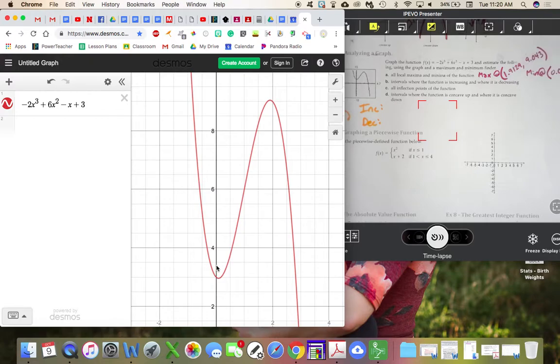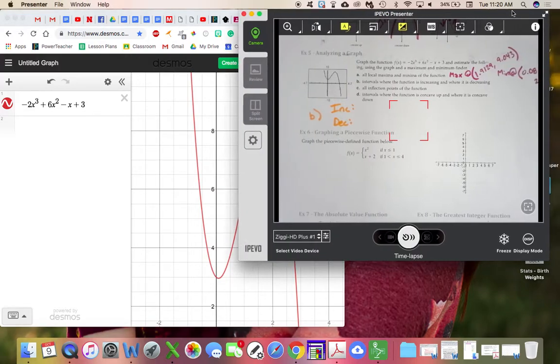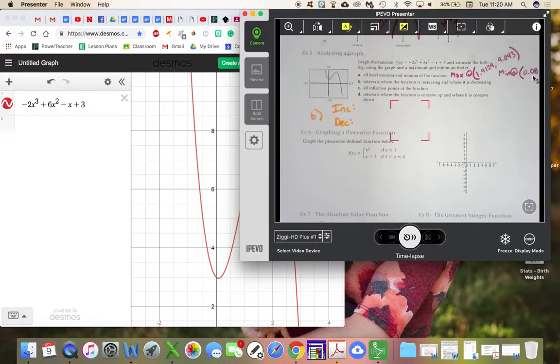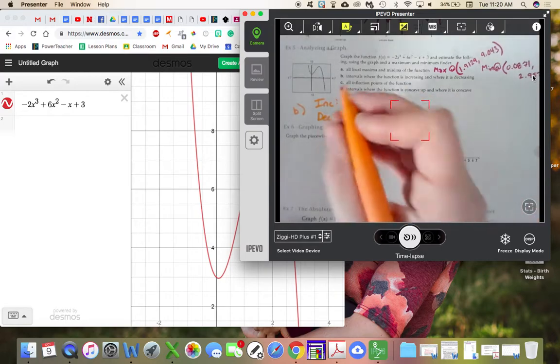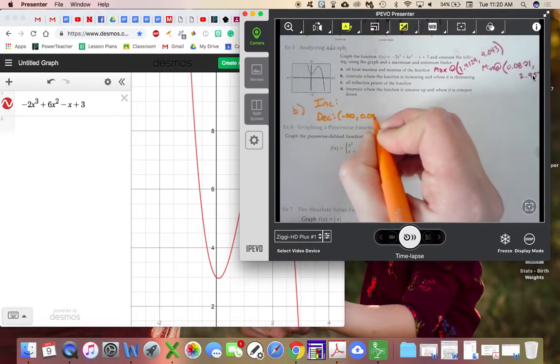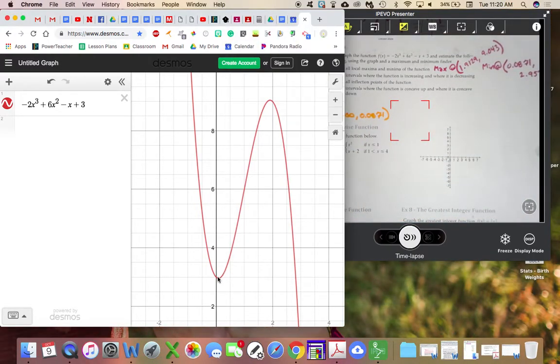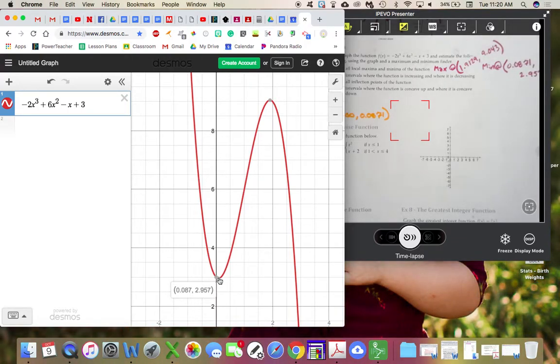He's decreasing until he gets to this x coordinate, which is also my minimum value, at 0.0871. So he is decreasing from negative infinity to 0.0871. And then what does he do?